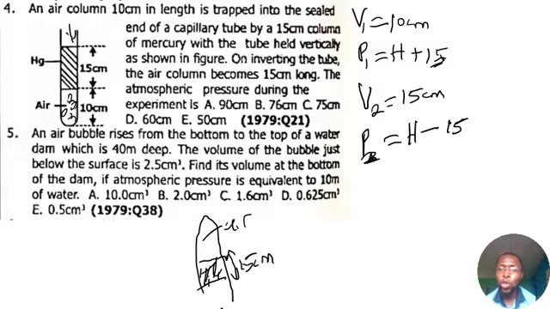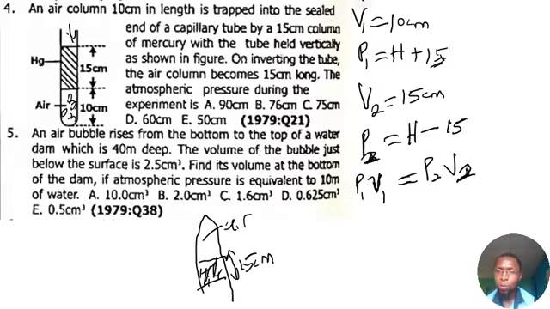You understand? Of course, we can see that these parameters are just pressure and volume, and the law that relates pressure and volume is Boyle's law. So we can use the formula P1V1 equals P2V2.